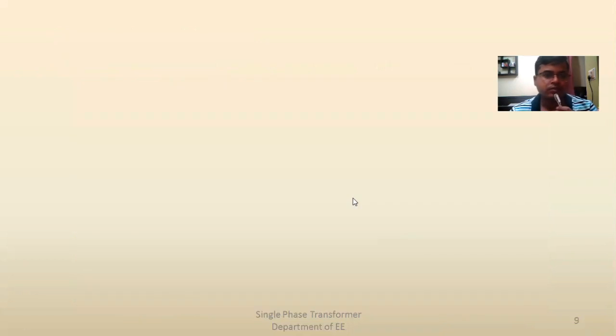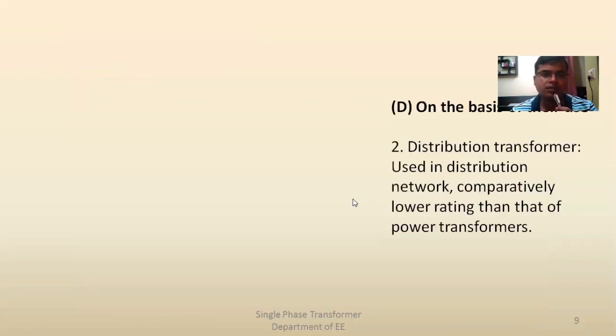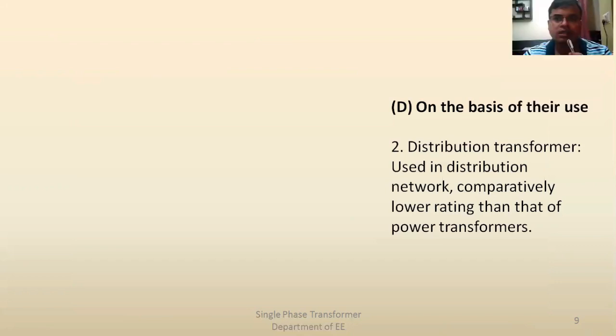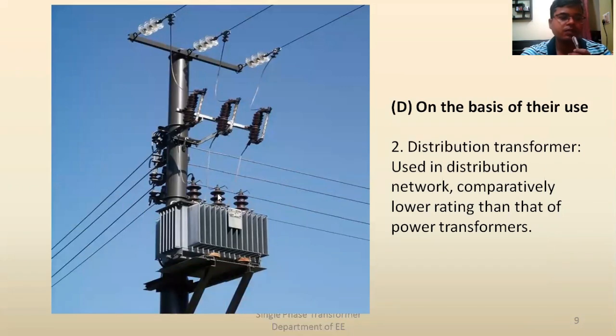Now see this distribution transformer. Okay, what is this distribution transformer? This distribution transformer is also known as pole mounted substation. Okay, so a distribution transformer or service transformer is a transformer that provides the final voltage transformation in the electrical power distribution system, stepping down the voltage used in the distribution lines to the level used by customer.